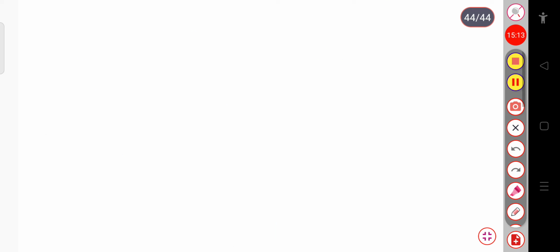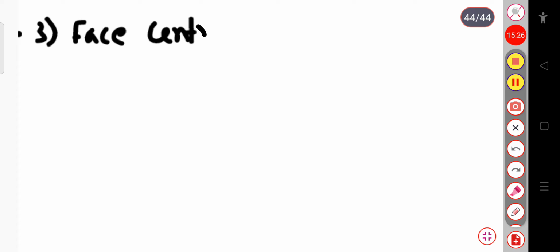Now we will see the face centered cubic, FCC structure.